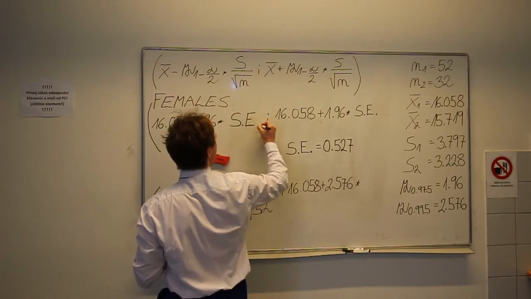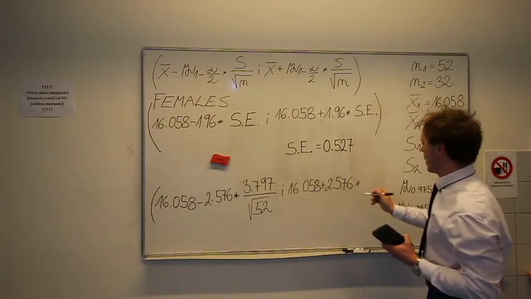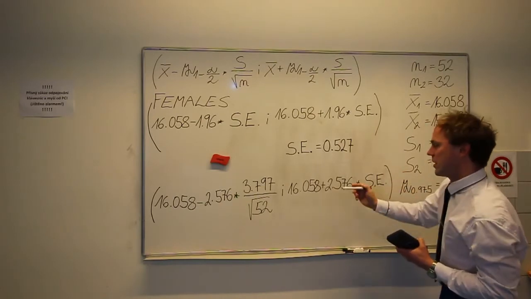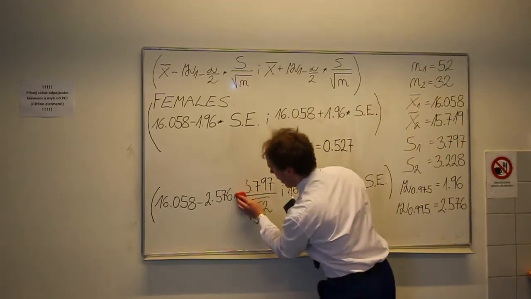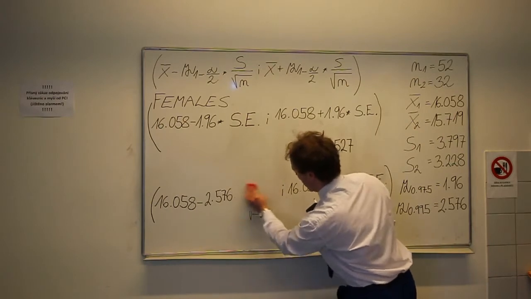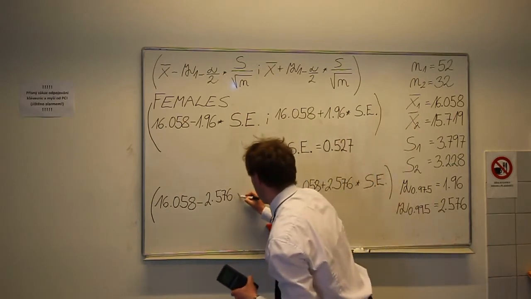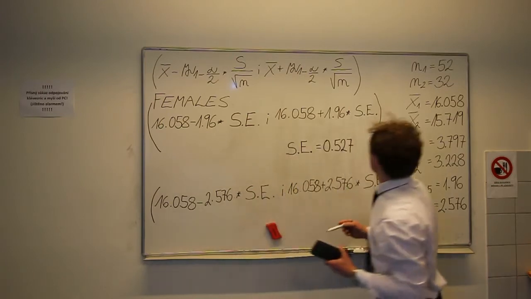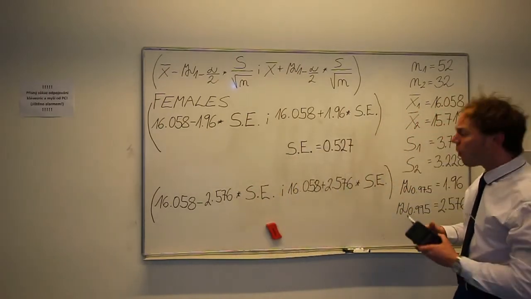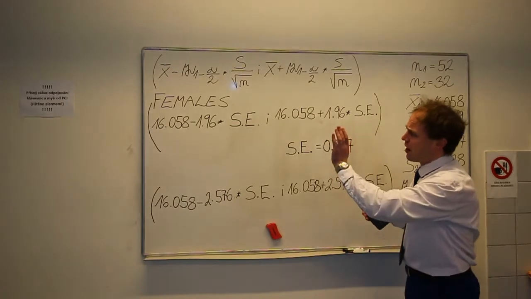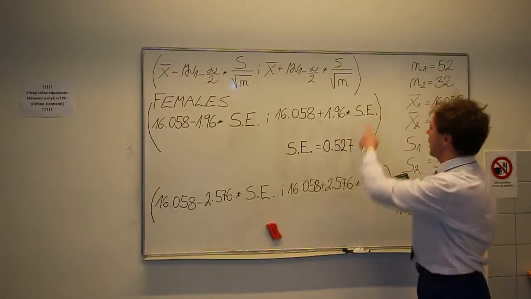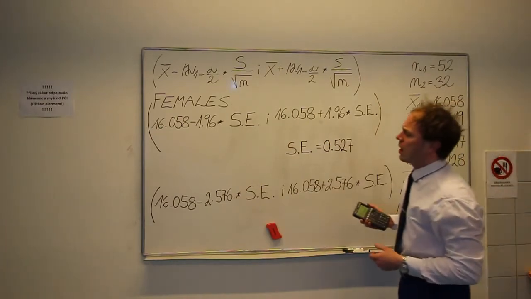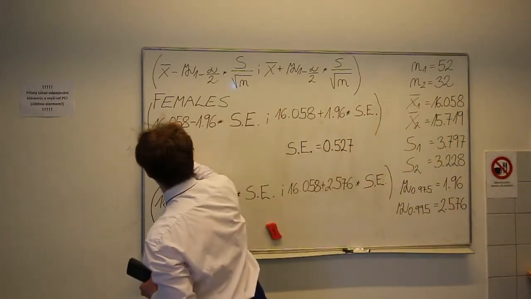It's very easy: ratio, deviation divided by square root of n. It's the same in all cases. And now we will solve this.